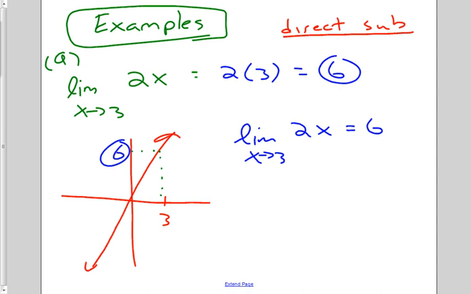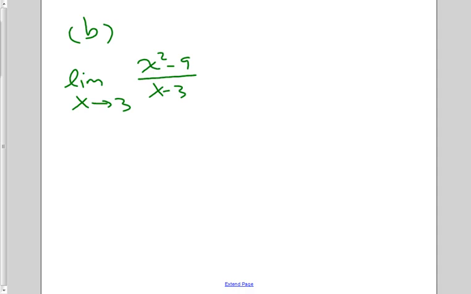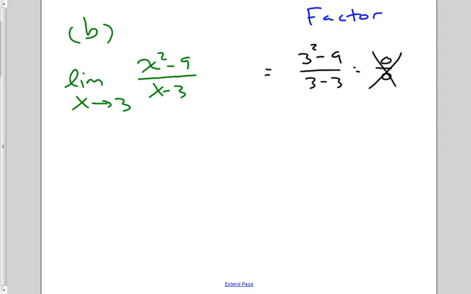If we can use direct substitution, do it. However, many of the problems are going to require us to use something else. We're going to need to factor, for example. The reason that we need to factor is that if we tried to use direct substitution and just plug 3 in, we get 3 squared minus 9 over 3 minus 3, which is 0 over 0. And we can't divide by 0.